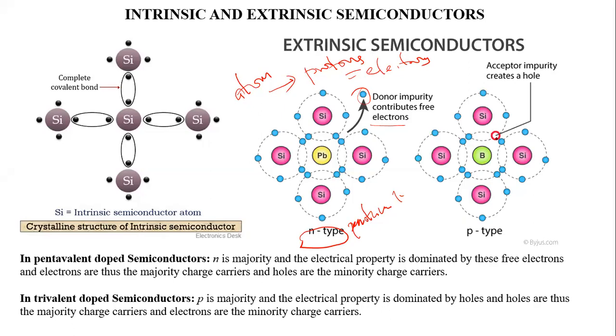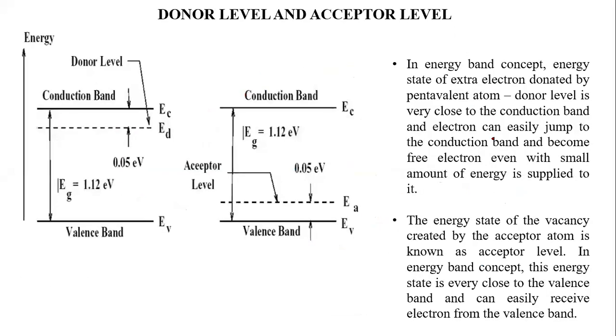Even though you created a vacancy in the covalent bonding, the number of positively charged particles and negatively charged particles inserted in the silicon crystal in this p-type doping is also equal. So it remains electrically neutral.